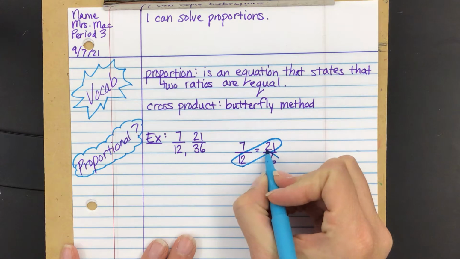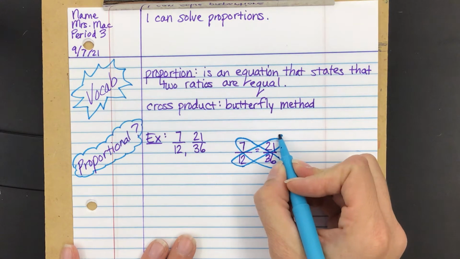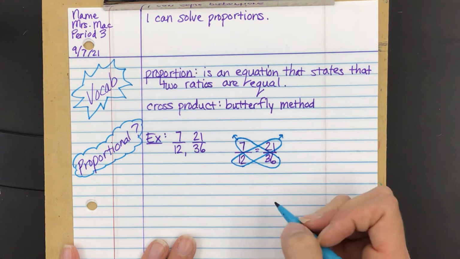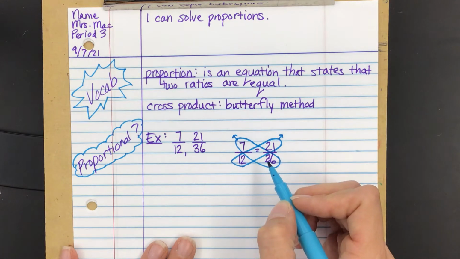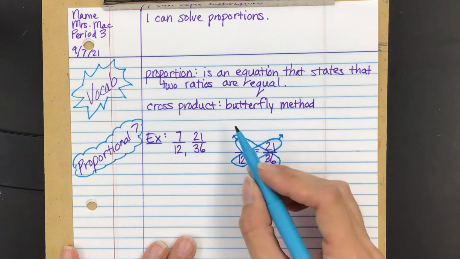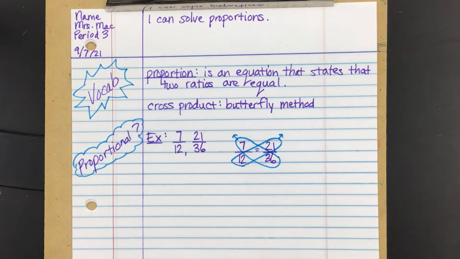And when we do this, our picture kind of ends up looking like a butterfly. Okay? So what we're saying here is if we multiply 7 and 36, and then we multiply 12 and 21, if they're the same, then these would be considered proportional. Okay?